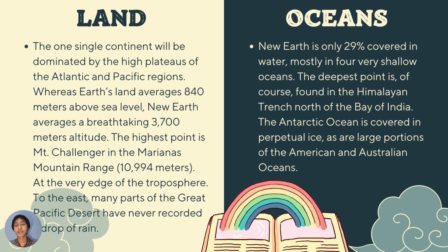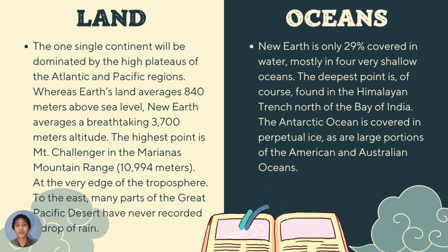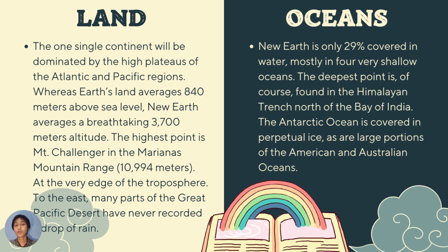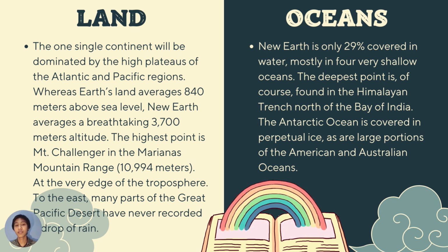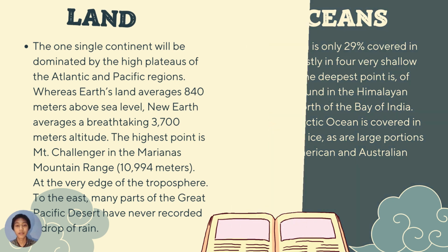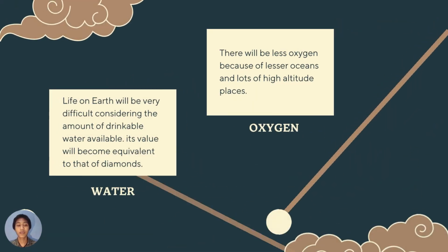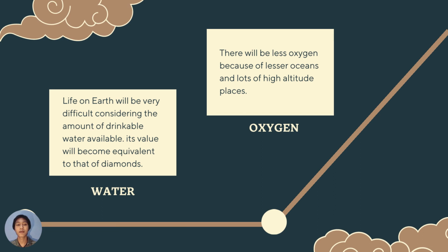The oceans will be really minimal compared to now, and very shallow compared to their previous depth. The deepest one is naturally the Himalayan range. And on the next slide we have the impact.